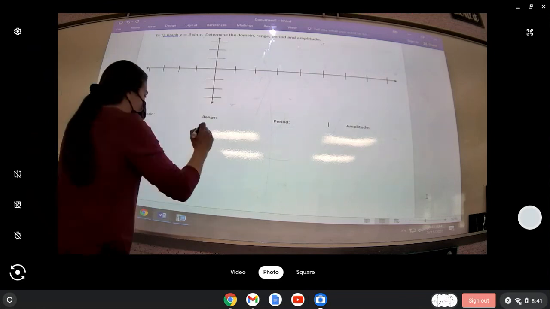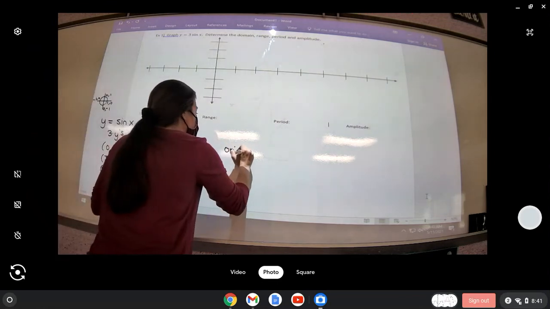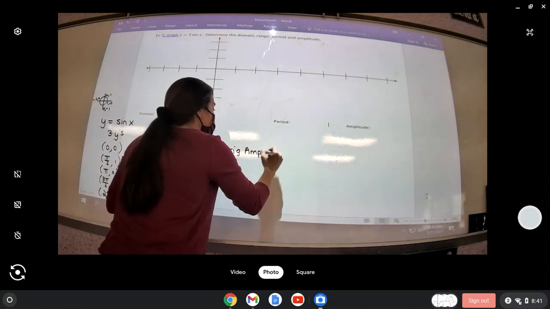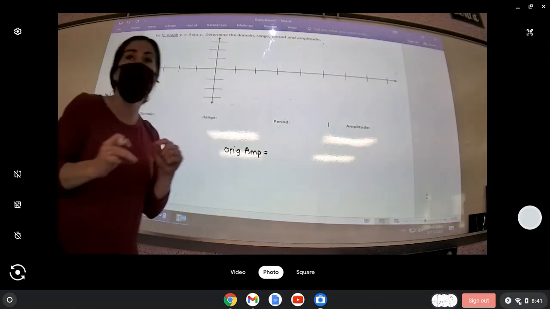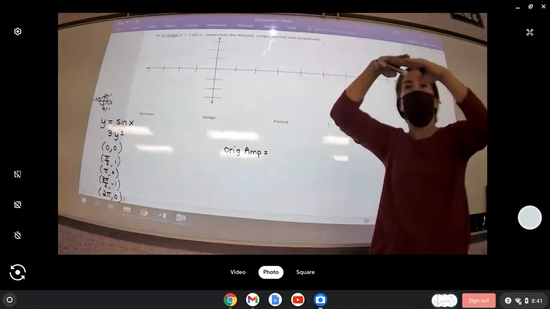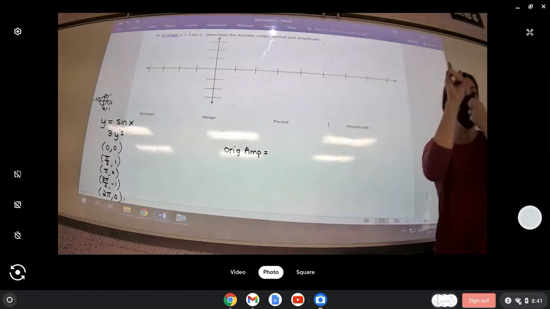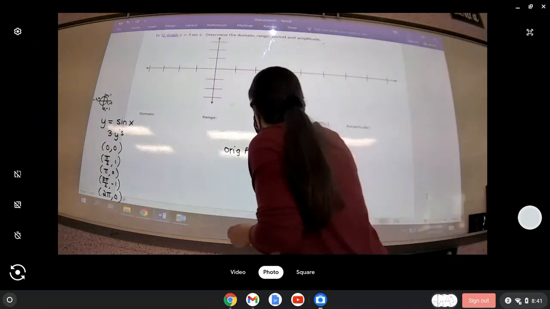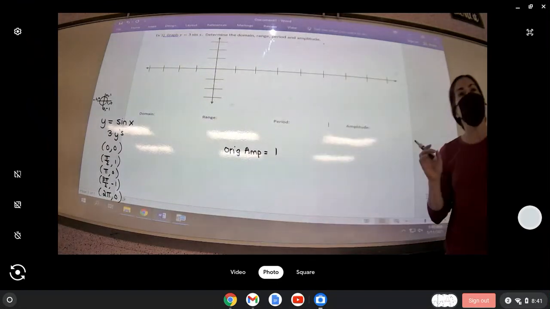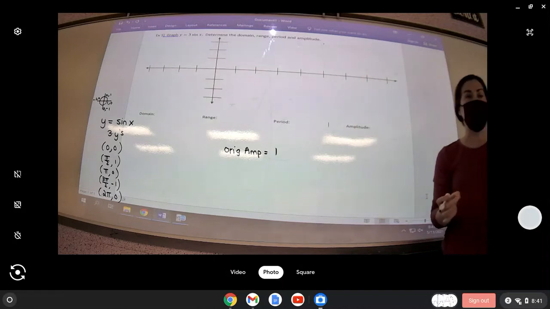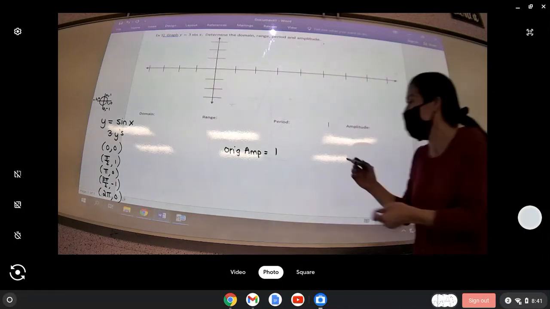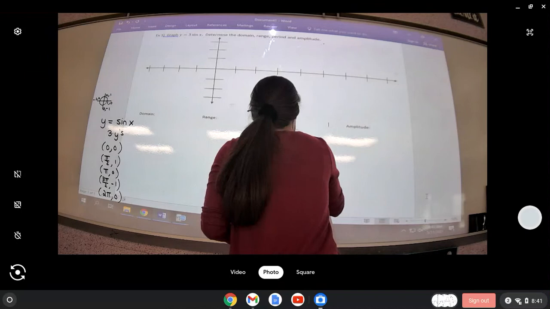Time out. I also want to talk about the original amplitude of the sine wave. How many units did it go up and down from the midline? Just 1, so the original amplitude was 1. If we change the y coordinates, that changes the amplitude. So what's the new amplitude going to be?